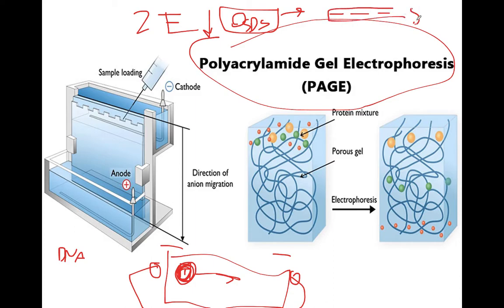So the shape changes, but they have the same charge. But if we have the non-denaturing condition, we put the protein in the gel without pre-treatment. So the protein will keep its normal charge and its normal shape. The charge here will be different and the shape will be different, so this will be more difficult to handle.